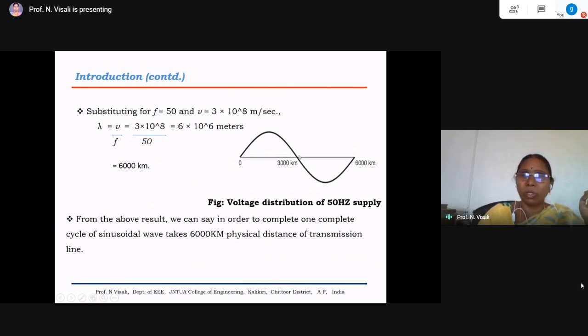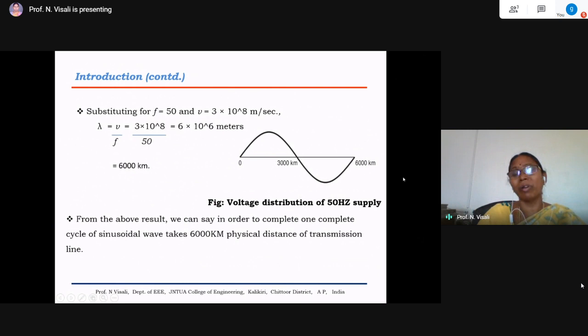At 3,000 kilometers, only one half cycle is completed. This is how the voltage distribution of a 50 Hz supply looks. This is very important: one complete cycle of a sinusoidal wave takes 6,000 kilometers of physical distance of transmission line.